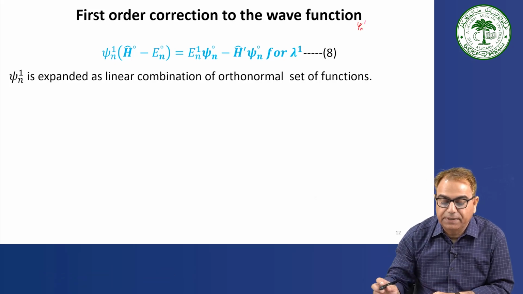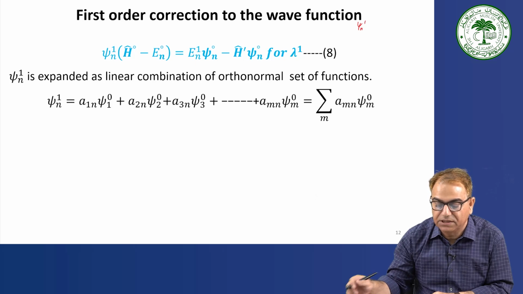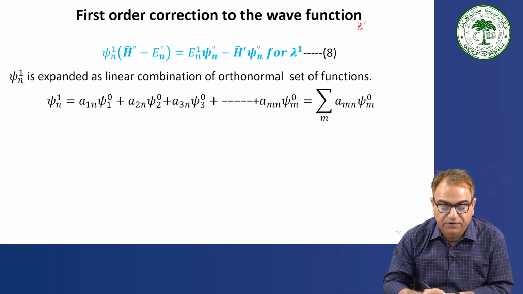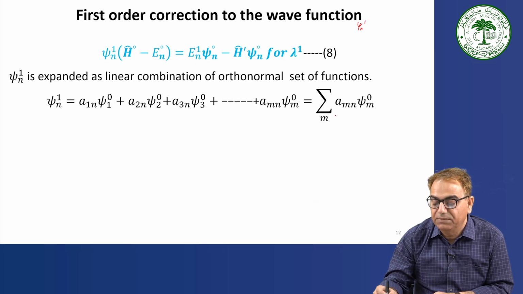So psi n1 is expanded as a linear combination of an orthonormal set of functions. Here also we do a similar expansion: psi n1 is a1n psi 1 naught plus a2n psi 2 naught plus a3n psi 3 naught and so on, so it is a summation of amn psi m naught.